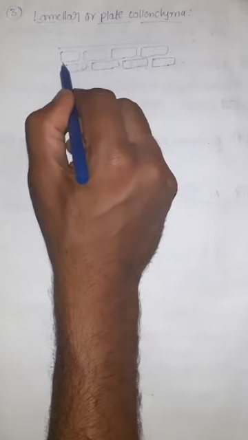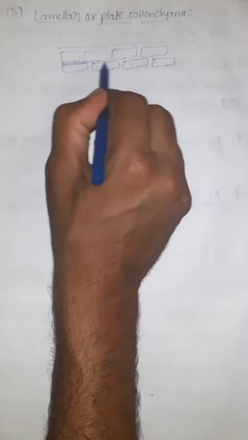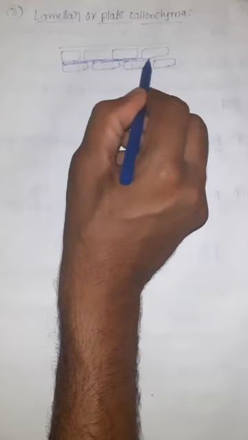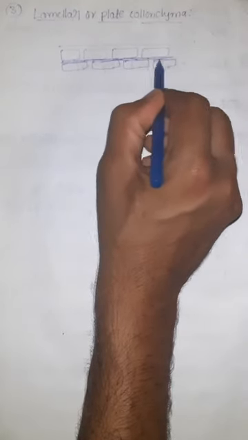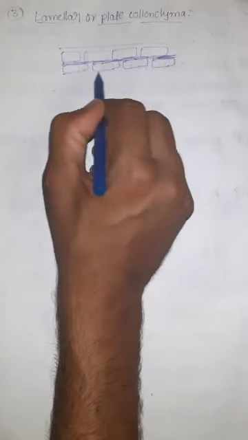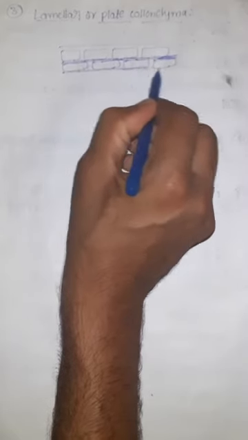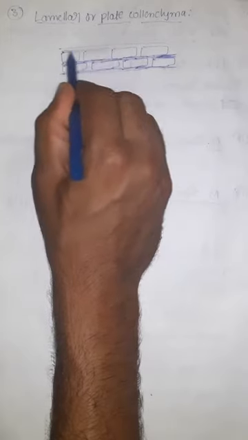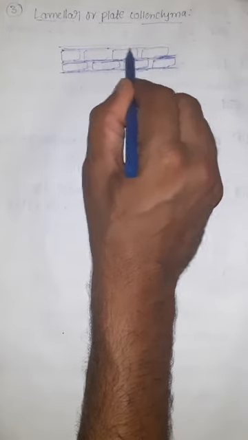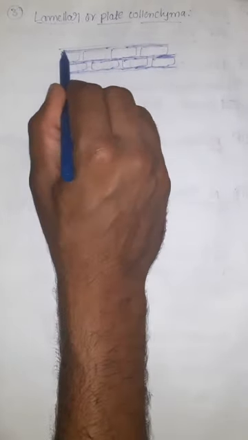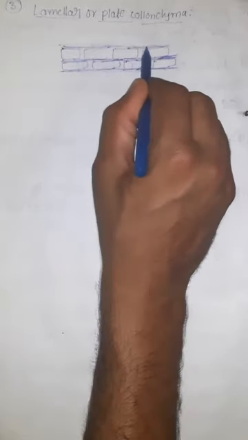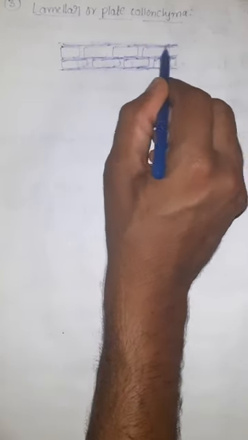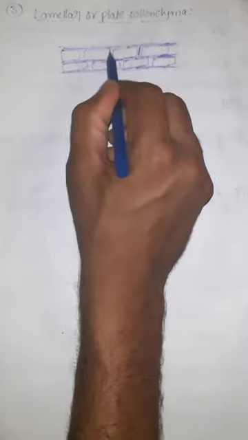The pectic material is only deposited on the tangential walls, here in the tangential walls, so that it appears like plates. After formation of the pectic depositions, it will appear like plates.